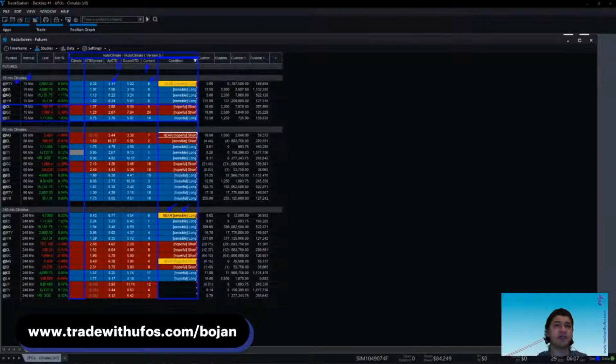However, typically we'll see some sort of a trend developing within these numbers, within this climate. We'll see 5 or 6 up candles, and then maybe a couple unconfirmed, maybe even a couple of red ones, and then 5 or 6 or even 10 more of the blue ones. I'm not saying that that's how it always is. I'm saying that sometimes we'll notice that.